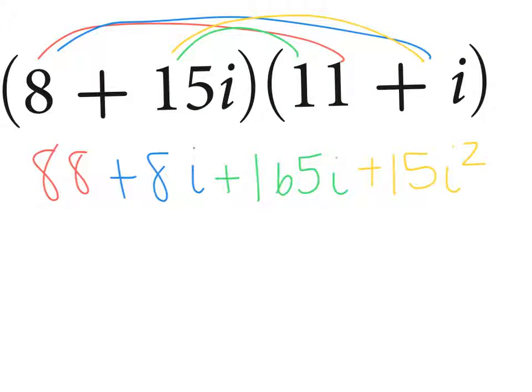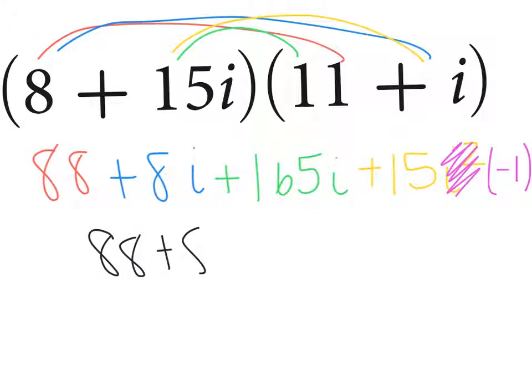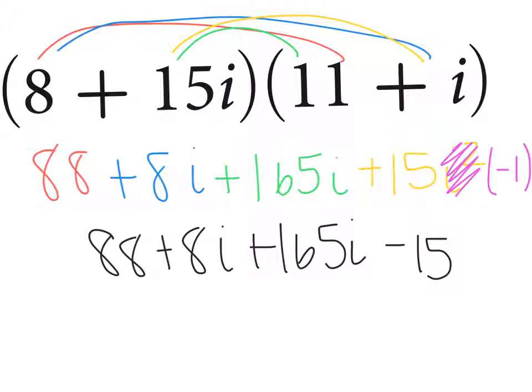But recall that i squared is really negative 1. So I can rewrite this as 88 plus 8i plus 165i minus 15, because a positive 15 times a negative 1 is a negative 15.